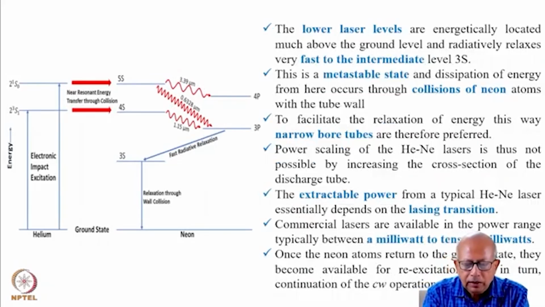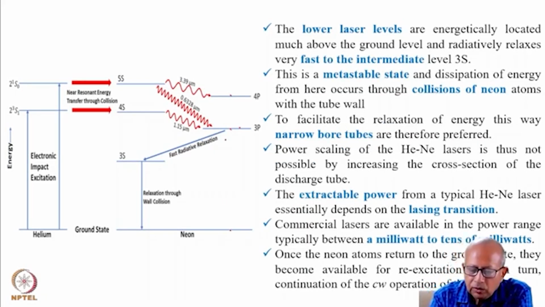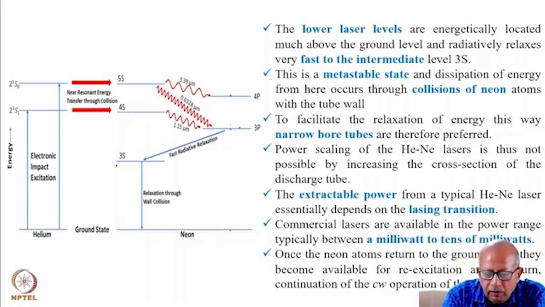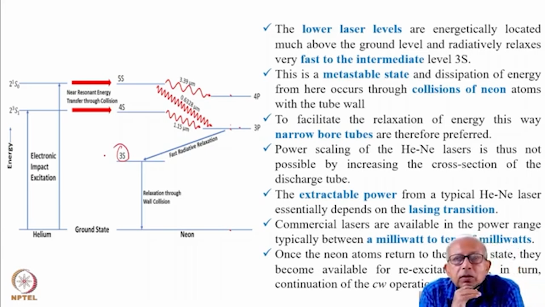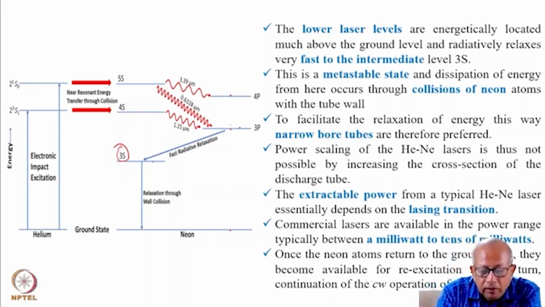You see, the lower laser levels are energetically located much above the ground, and they radiatively relax very fast to an intermediate level, which is 3s, which is a metastable state. And this energy from this state can relax by collision of the neon atoms in this state with the wall of the tube.